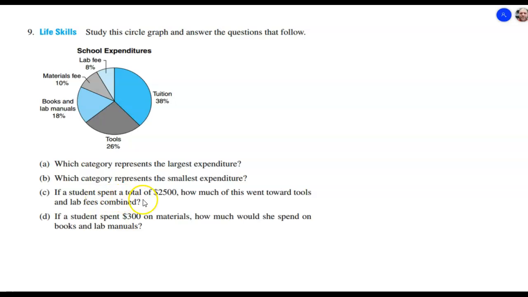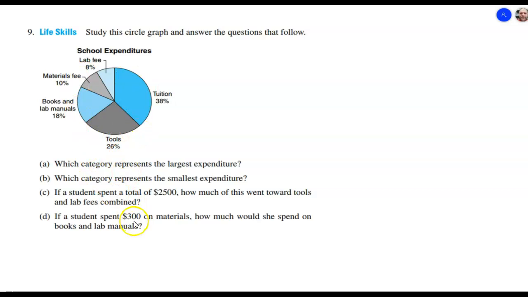It says if a student spent a total of $2,500, that means for everything, how much of this went towards tools and lab fees combined? All right, so here's tools, there's lab fees. So 26 plus 8 is 34%.